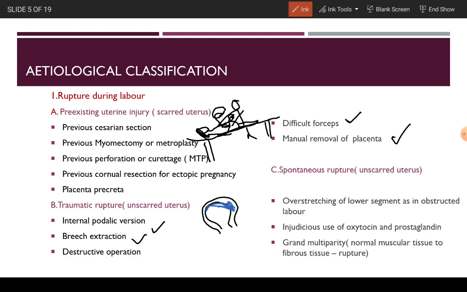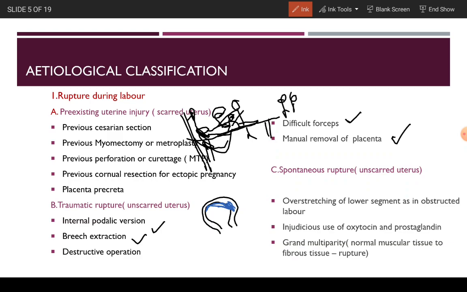Now in case of spontaneous rupture, here you can see the spontaneous. So that may be because, we know there will be IV oxytocin and all. So the IV infusion can be the reason. Injudicious use of oxytocin, prostaglandin, or sometimes she already has many children.